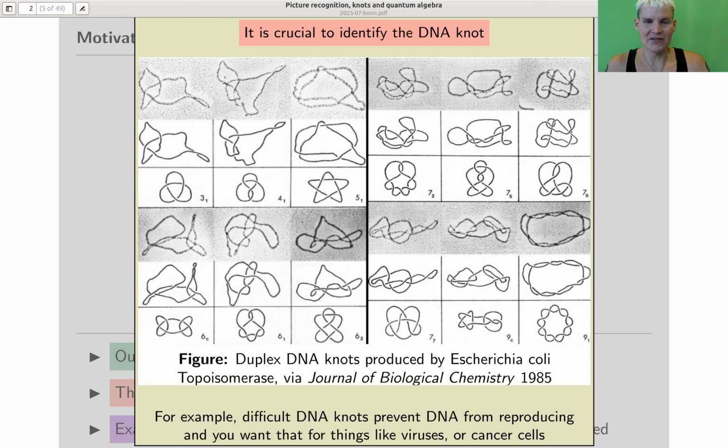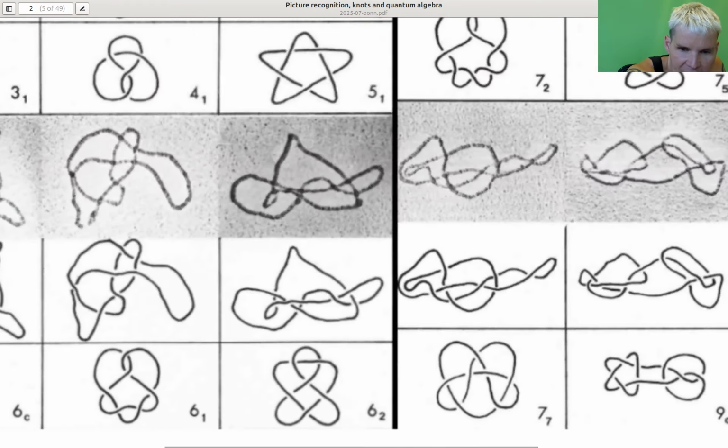In the top row, you see literally a DNA knot under an electron microscope. Then someone has drawn it out and recognized the knot. The knots are organized by number of crossings. So here, let's zoom into that one.